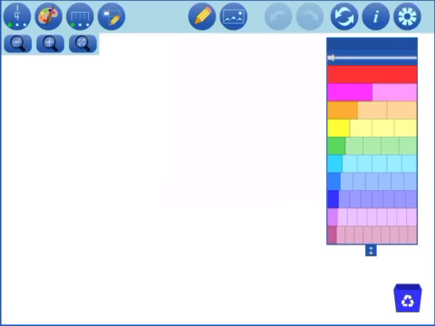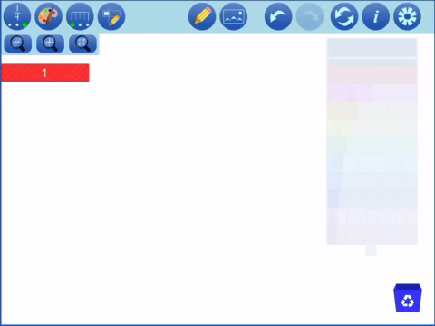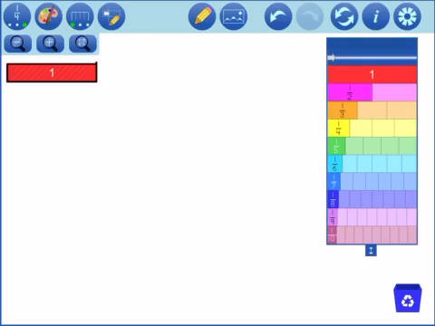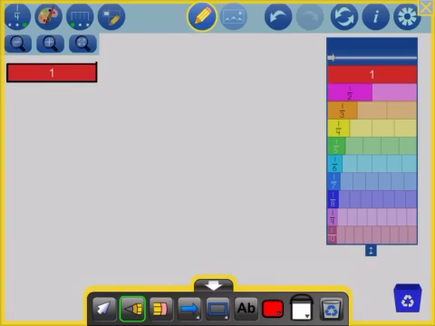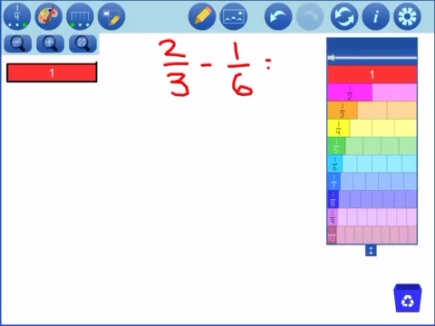Okay, let's try another one. So we're going to pull out our whole again, because we always start with our whole. And let's work with the problem 2/3 minus 1/6. Okay. So I'm going to do it the same way.